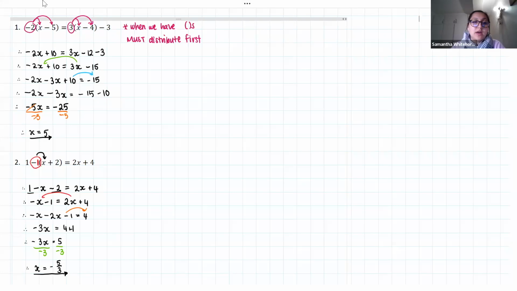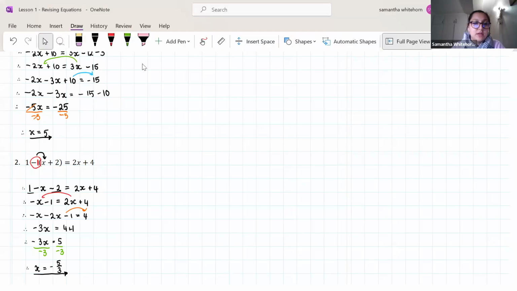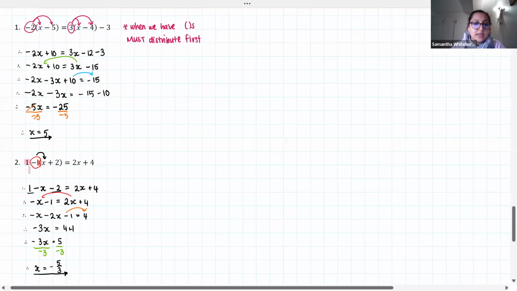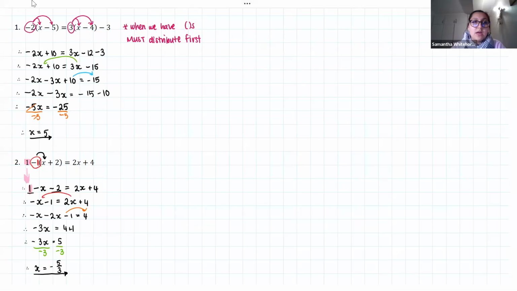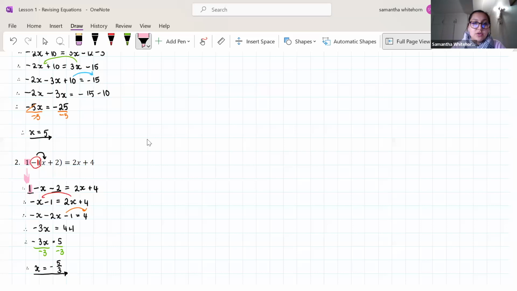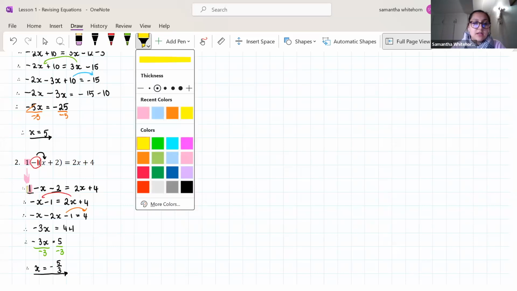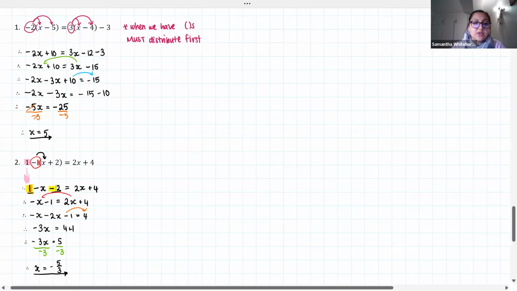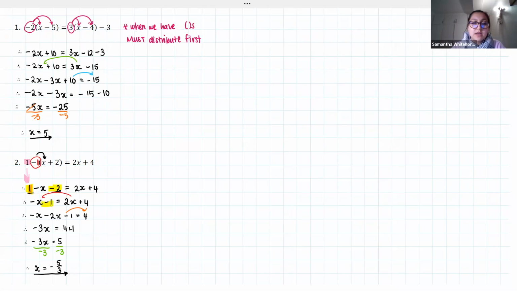Okay, so Lubanzi, the one in front, nothing really happened to it. This one in front initially just stayed there while I distributed. So that one is that original one. And then what I saw after I had distributed was the fact that positive 1 and negative 2 were like terms. Now 1 minus 2 gives me negative 1.